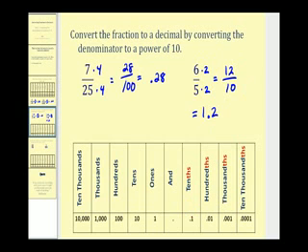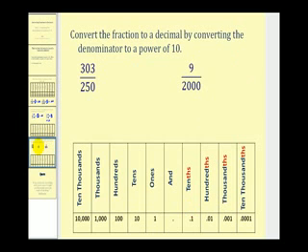Let's go ahead and take a look at a couple more. Here we have 303 over 250. So we do have to be able to recognize that if we multiply this by 4, we would have 1,000, which is a power of 10. So we'll do the same to the numerator. This will give us 1,212 in the numerator, and our denominator is going to be 1,000.